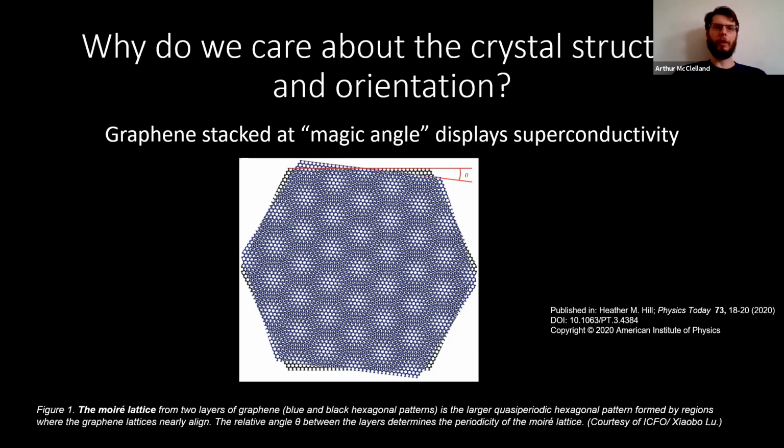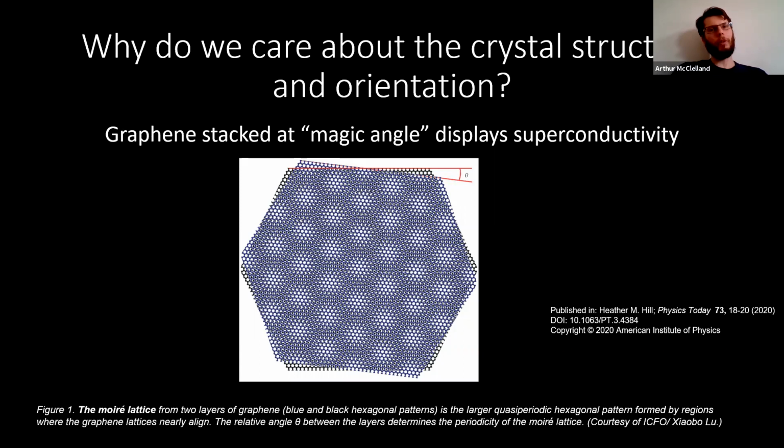It makes these small honeycomb patterns. But if you take two sheets of graphene and you stack them on top of each other, you get moire fringes, which are these larger hexagonal patterns you see. The moire fringes are interference patterns between the two layers of graphene. And the spacing of the moire patterns depends on the twist angle, how offset the two layers of graphene are.